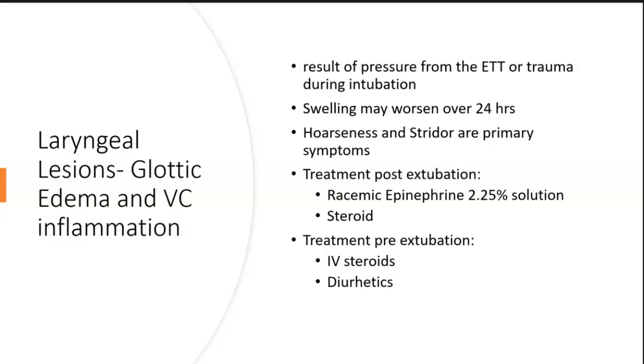But if we think that we're going to have this laryngeal edema, like we predict it because the patient's been intubated for a really long time or they failed previous extubations, then we would probably want to pre-treat the patient by giving them IV steroids or diuretics prior to extubation.